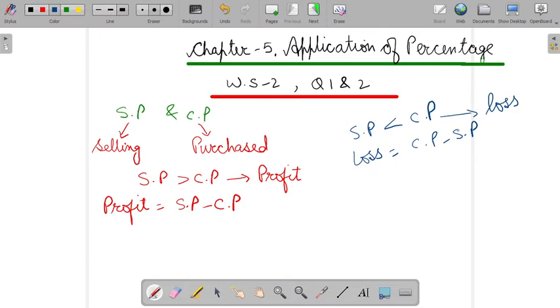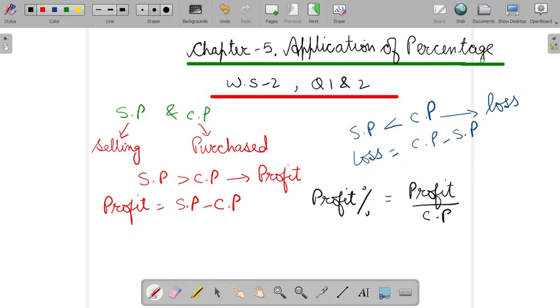Now remember one more thing. Whenever we have to find out profit percent or loss percent, it will always be calculated on cost price.